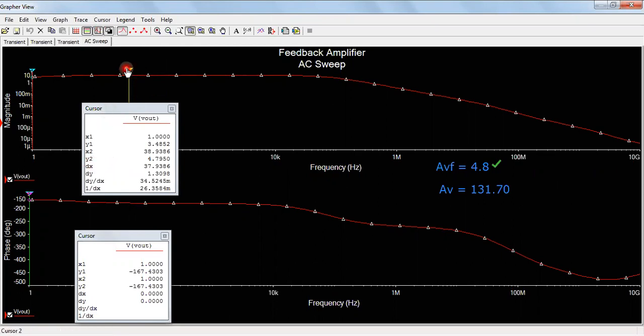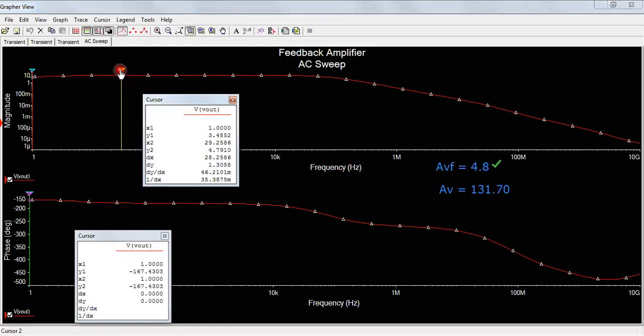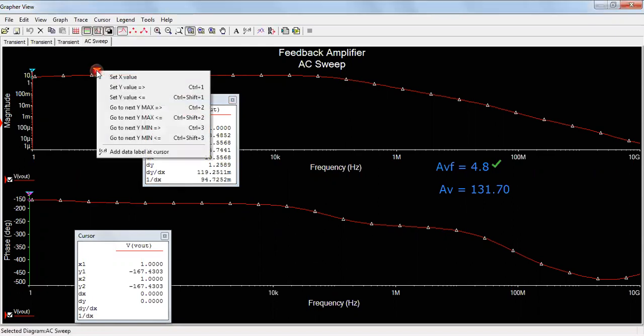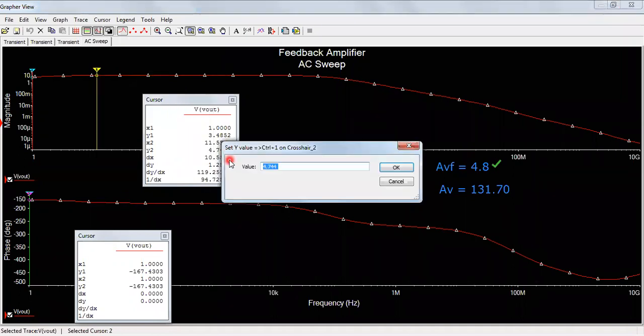You can check it at 1 kilohertz, because for transient our input signal frequency was 1 kilohertz. So from this response also we have to check at 1 kilohertz. Let me set the value to 1000, that means 1 kilohertz.